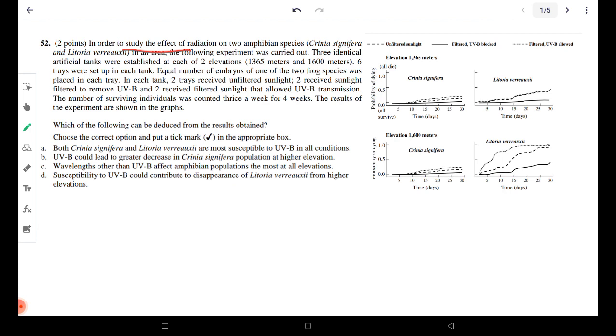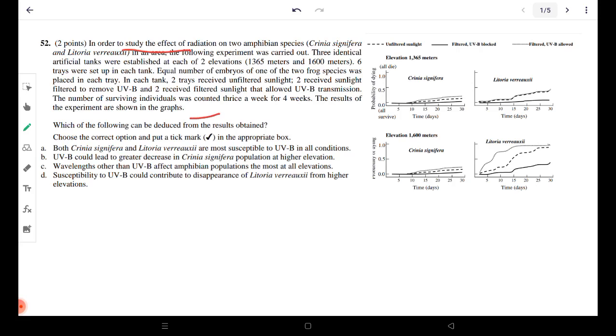An equal number of embryos of one of the two frog species was placed in each tray. In each tank, two trays received unfiltered sunlight, two received sunlight filtered to remove UVB, and two received filtered sunlight that allowed UVB transmission. The number of surviving individuals was counted thrice a week for 4 weeks. The result of the experiment is shown in the graph.